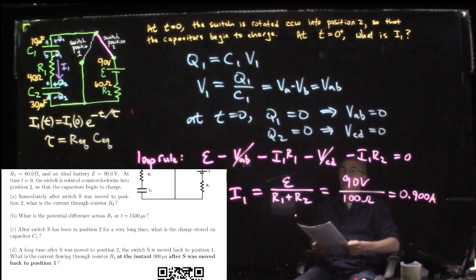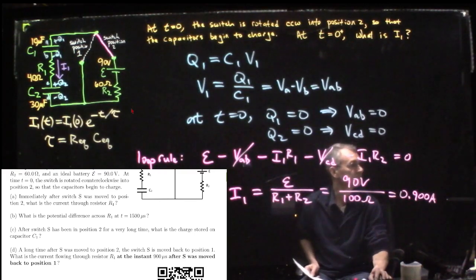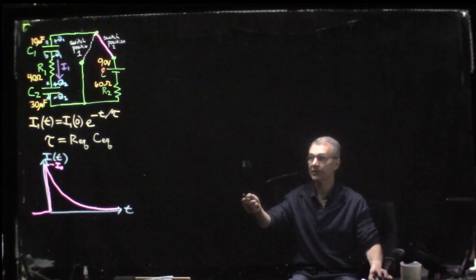So whether charging or discharging a capacitor, the current that flows starts out at its maximum value and then decreases exponentially. So the current starts out at its maximum value, which we just computed. It was the battery voltage divided by the sum of R1 and R2.